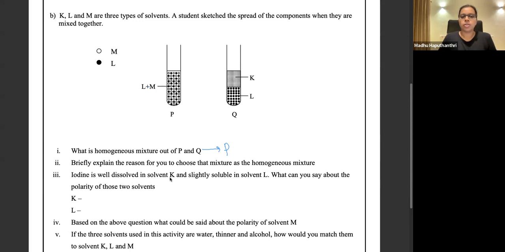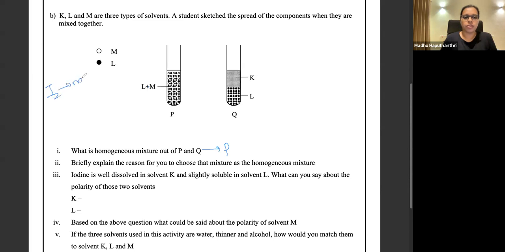Third one. Iodine is well dissolved in solvent K and slightly soluble in solvent L. What can you say about the polarity of those two solvents? What can you understand about the polarity of solvent K if iodine is perfectly soluble in it?